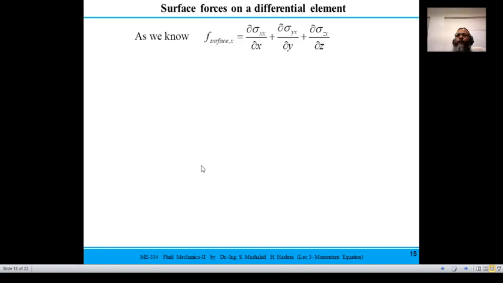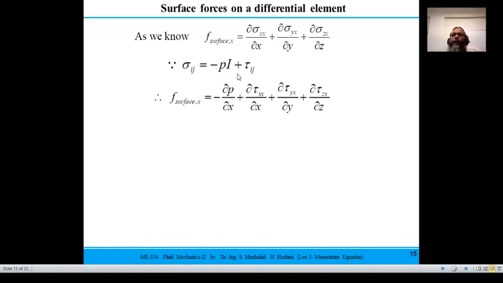What we can do is, we know that the net force per unit volume acting onto the fluid element in the x direction can be represented like this. In a simpler notation, as we know, the stress tensor has the normal component and the tangential part.